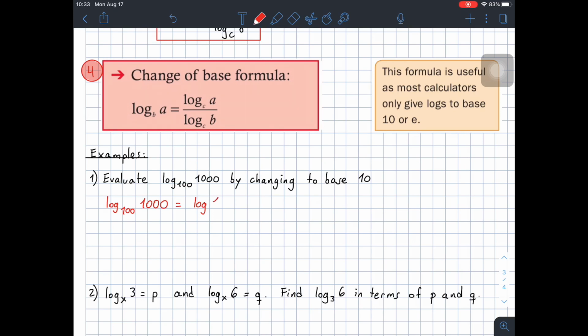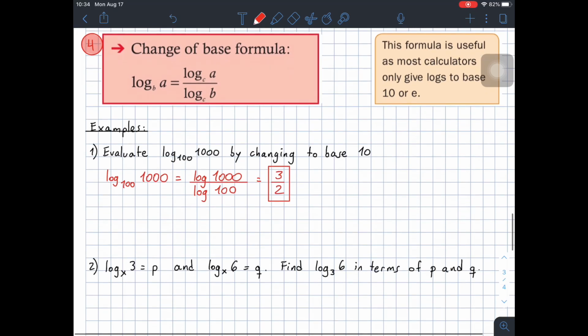And if you know the concept of logarithm, 10 to what power gives me 1,000? That's 3. And 10 to what power gives me 100? That's 2. So the result is 3 over 2, okay? So that's how we apply the change of base formula.